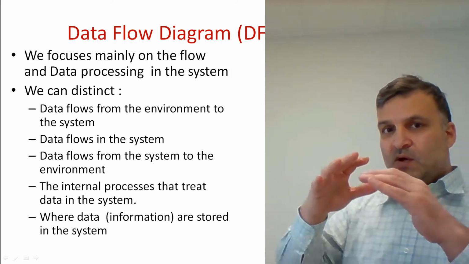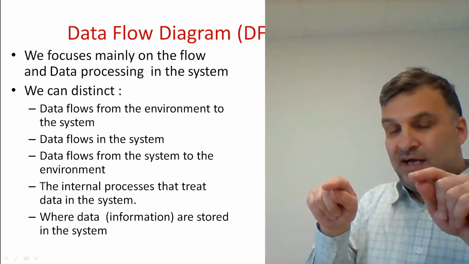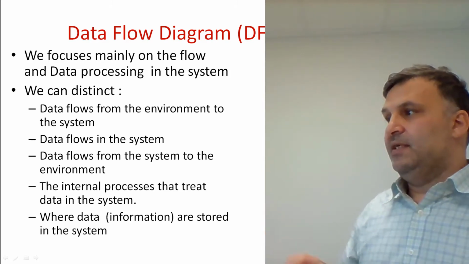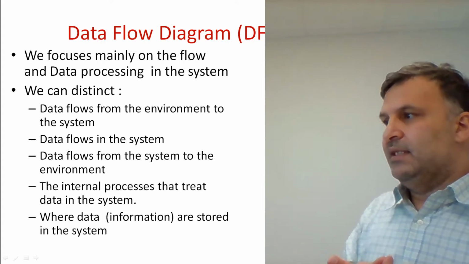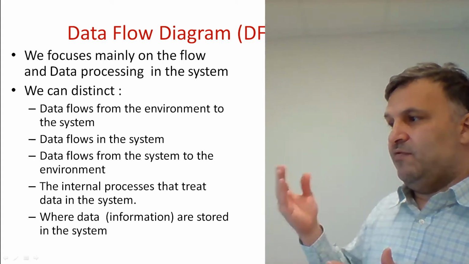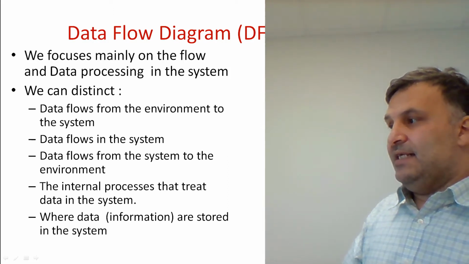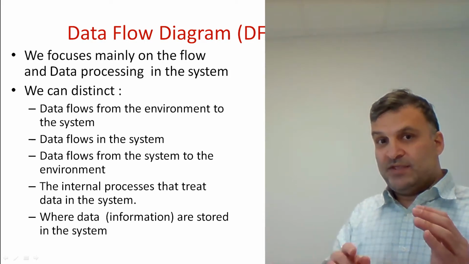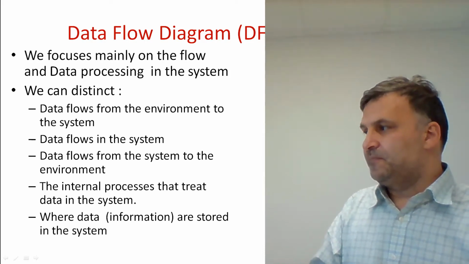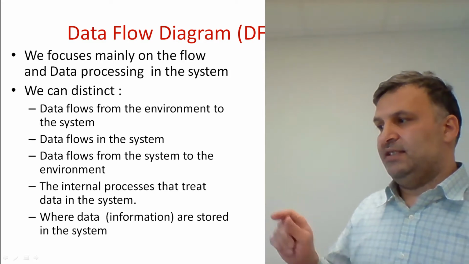So we can see what enters the system, what the outputs of the system are, the data flows in the system, what happens in the system, data flows from the system to the environment, and the internal processes that treat data in the system. So we can have an idea about all the processes in the system and where data and information are stored in the system.